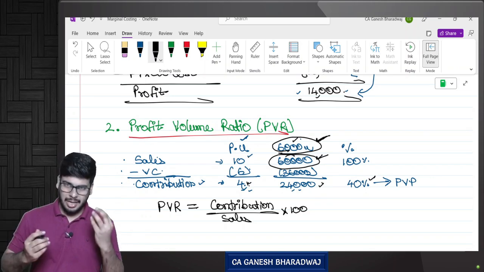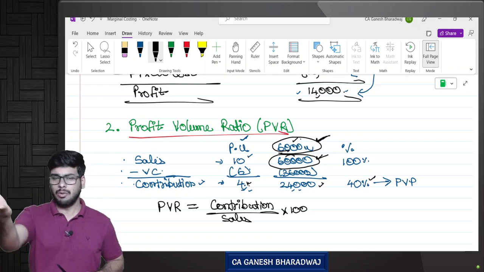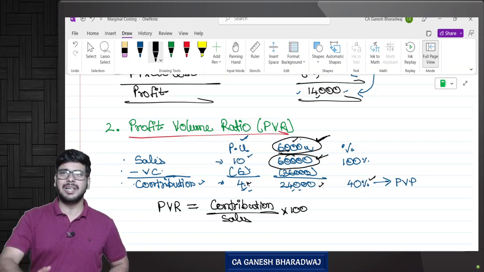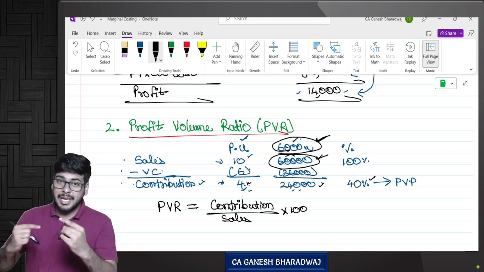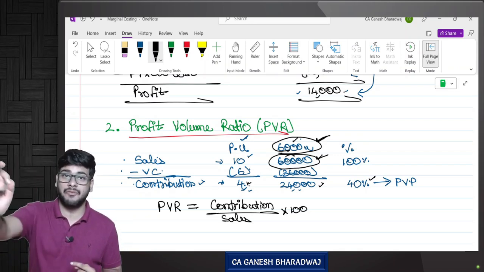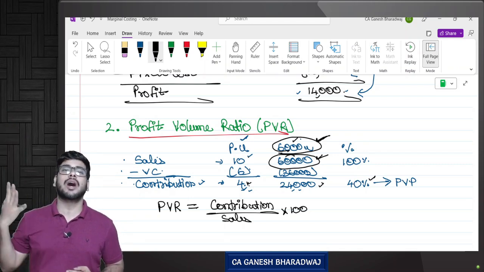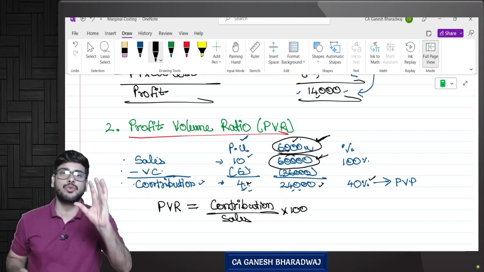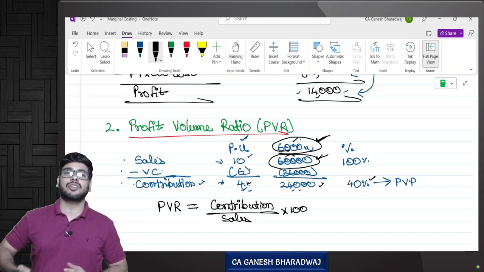So basically your contribution is nothing but 40% of your sales value. Now if someone is saying I'm going to make sales worth 1 lakh rupees, immediately 1 lakh into 40%, your contribution is going to be 40,000 rupees. So if sales is mentioned in terms of value, you can multiply that with profit volume ratio to arrive at your contribution. If sales is mentioned in units, you can multiply the contribution per unit and arrive at the contribution value.